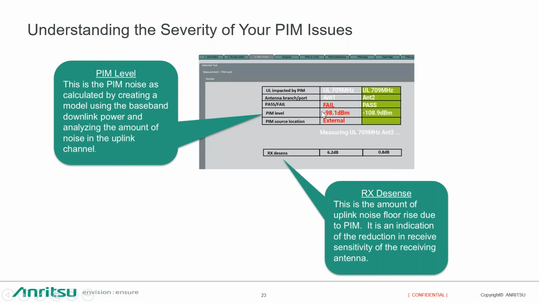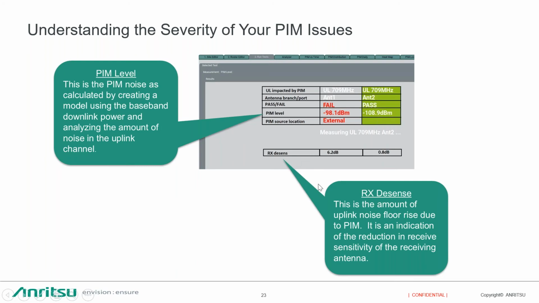And so in this example, it fails because the PIM level is too high. It identifies the PIM source as external versus internal. And this is a different way of looking at PIM, and it goes a little bit lower than a KPI number. So the RX desense.